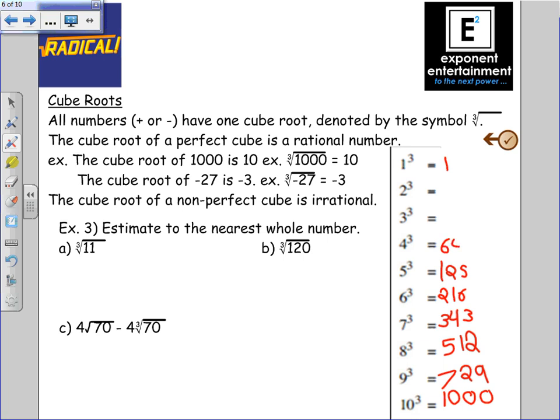Your answer should be the same as the ones up on the board, and you should be moving on to estimating those examples. Use the same technique.